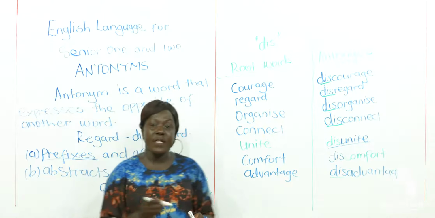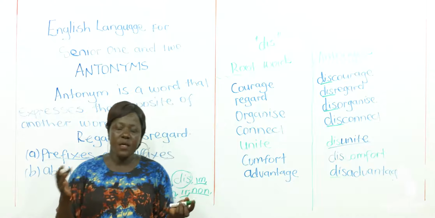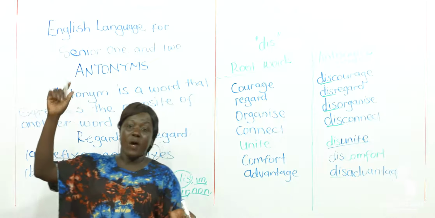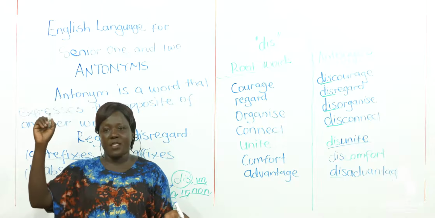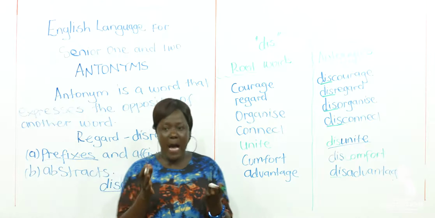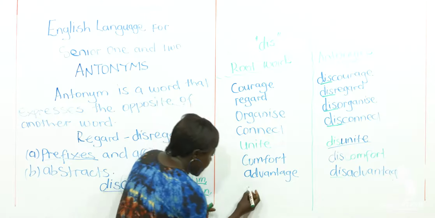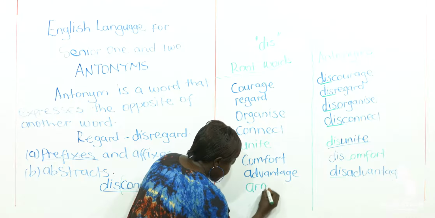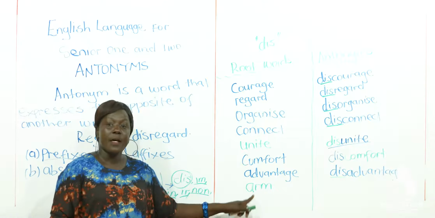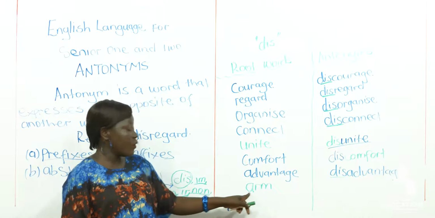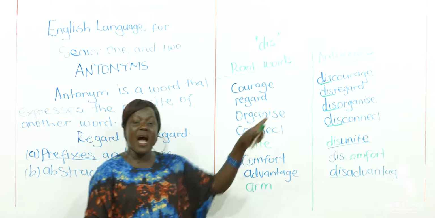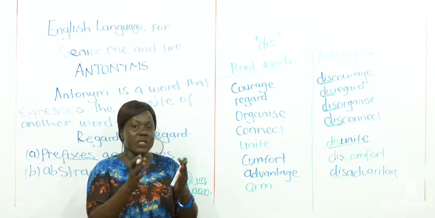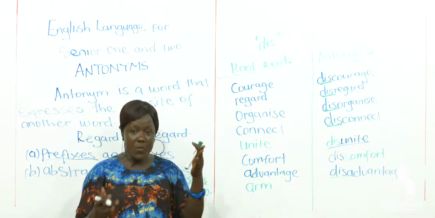Let us look at what the government is doing currently in most states, in the Upper Nile, in other states. They are doing what they call disarmament, but it is from the word arm. If you write the word arm here, arm means any weapon. Now, if you add this into it, it will become disarm. To disarm a person means you would have removed the ammunitions from him or the weapons from that person.